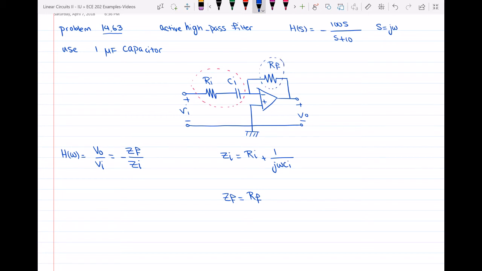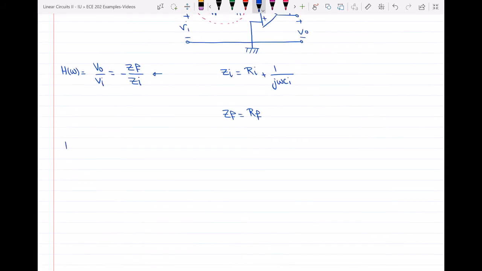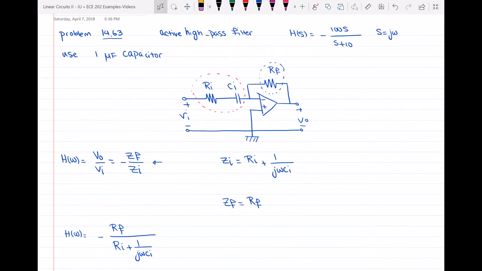Alright, now I can substitute ZI and ZF in this equation. So then H of omega is equal to minus RF, which is my ZF, over RI plus 1 over j omega CI. Why am I doing these steps?